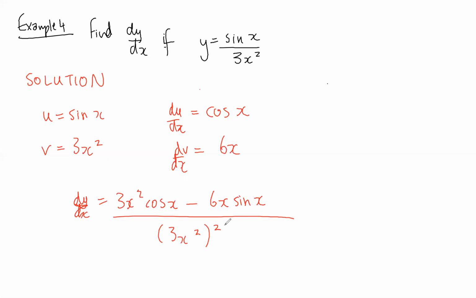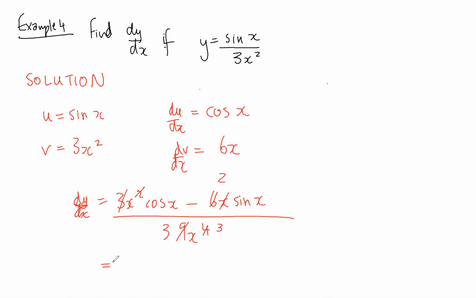I'd be careful with that. The 3x squared squared becomes 9x to the 4. And then we can cancel. So 3 goes into that 3 times, goes into that twice, and then the x cancels.